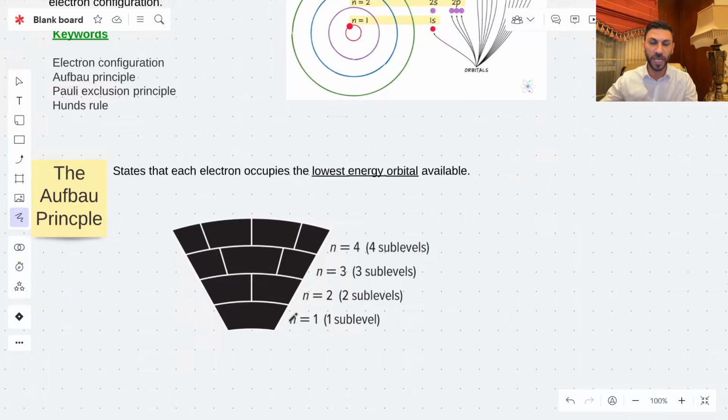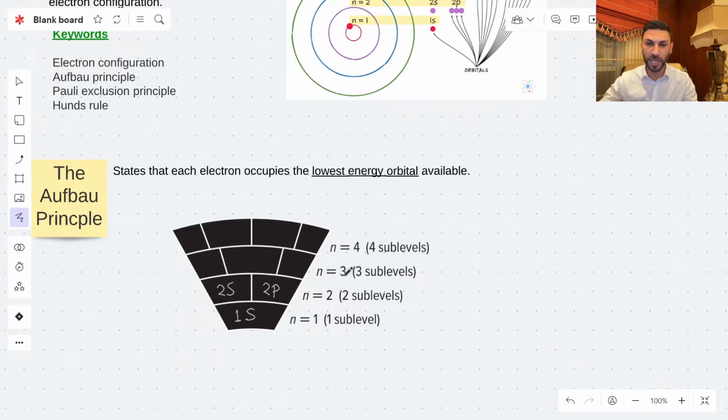We know that when n equals 1, we have only S. But which S? Because n equals 1, this S belongs to n equals 1, so it's going to be 1S. When n equals 2, we have two sublevels, S and P, but because n equals 2, we have 2S and 2P.